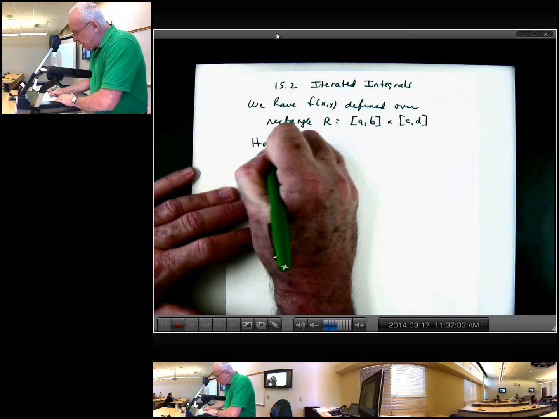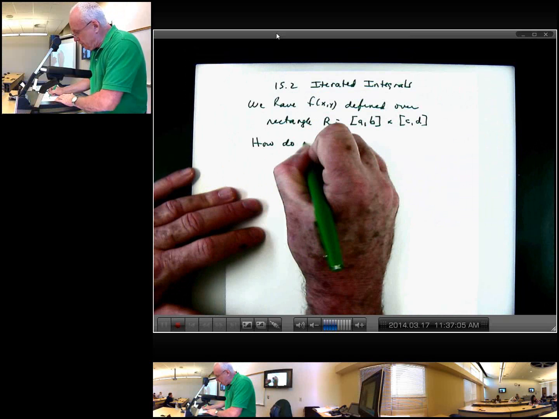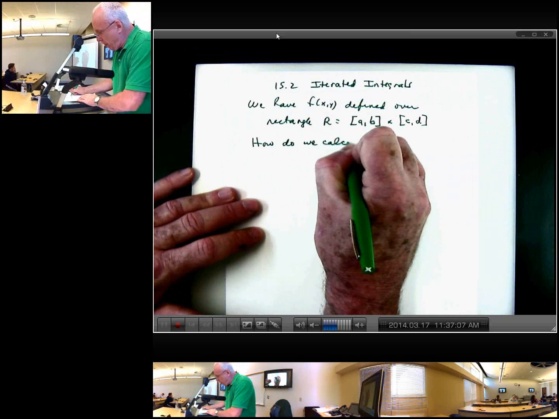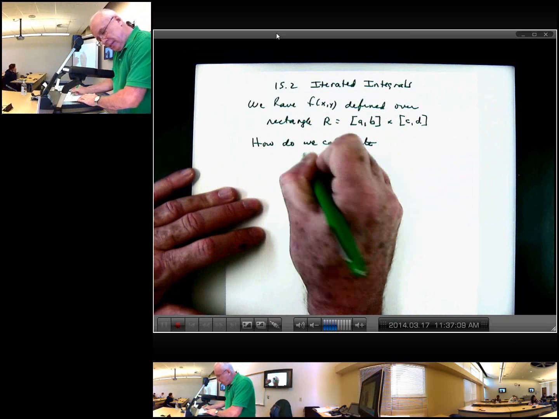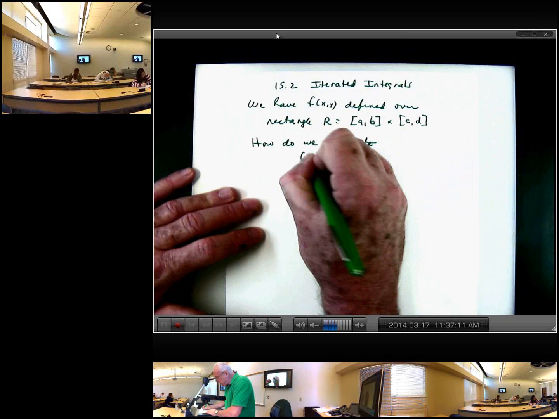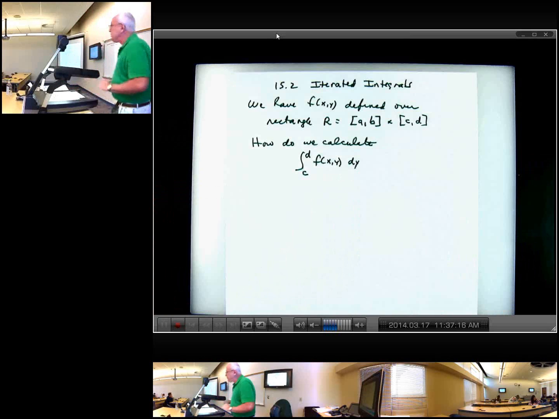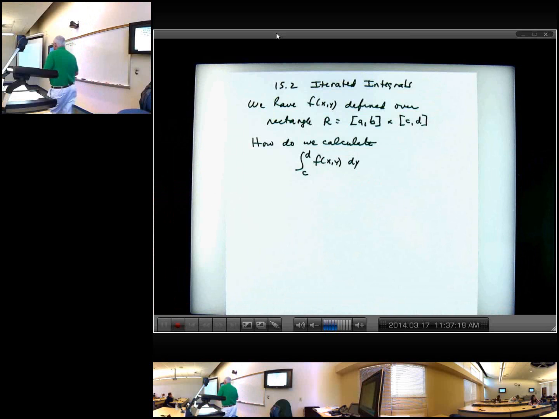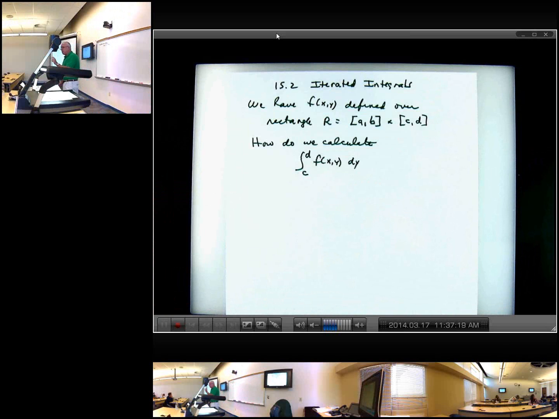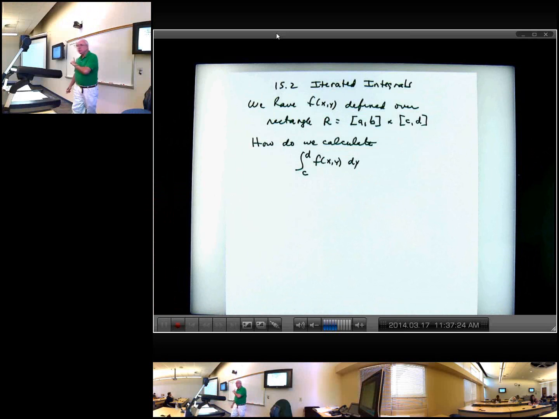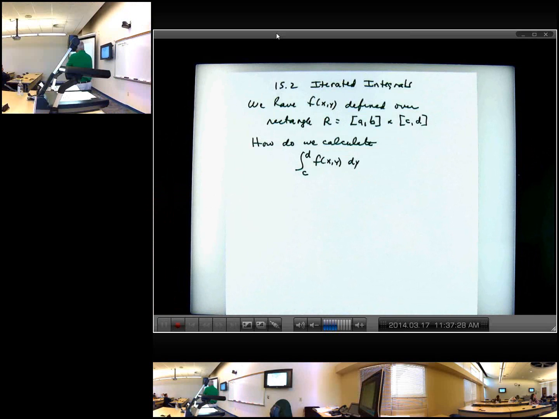The question is, how do we calculate the integral from C to D of this function dy? Now, the function has two variables in it, both x and y. Here, this is a single integral. We're wanting to calculate this.